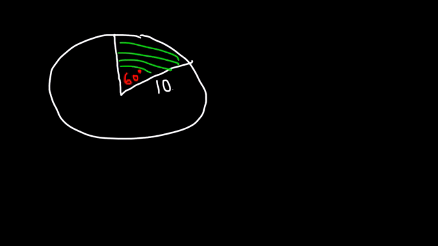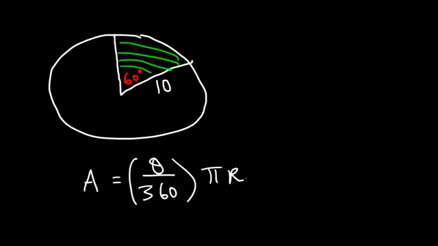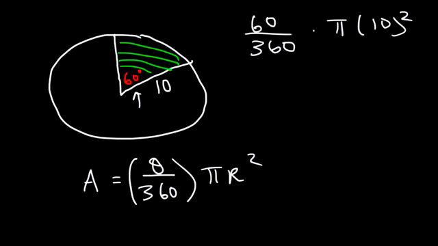Just the sector. To find the area of a portion of a circle, it's going to be the angle in degrees divided by 360. That's the fraction of the circle times the area of the entire circle, which is pi r squared. So the angle theta is 60. So it's going to be 60 divided by 360 multiplied by pi times the radius squared, where the radius is 10.